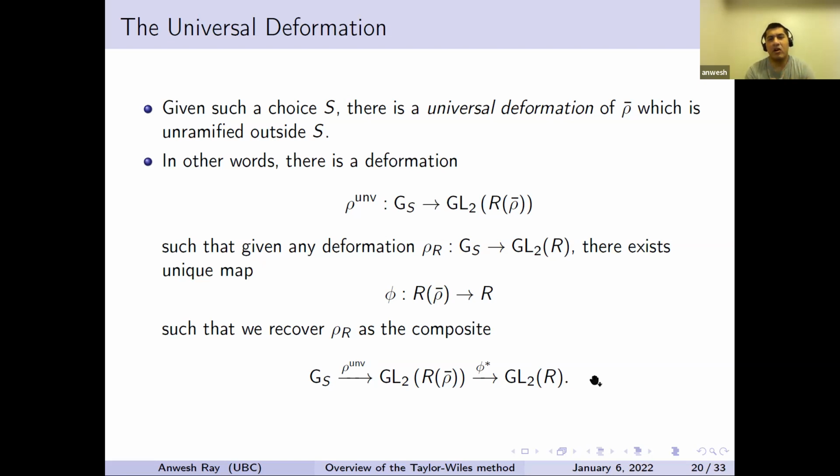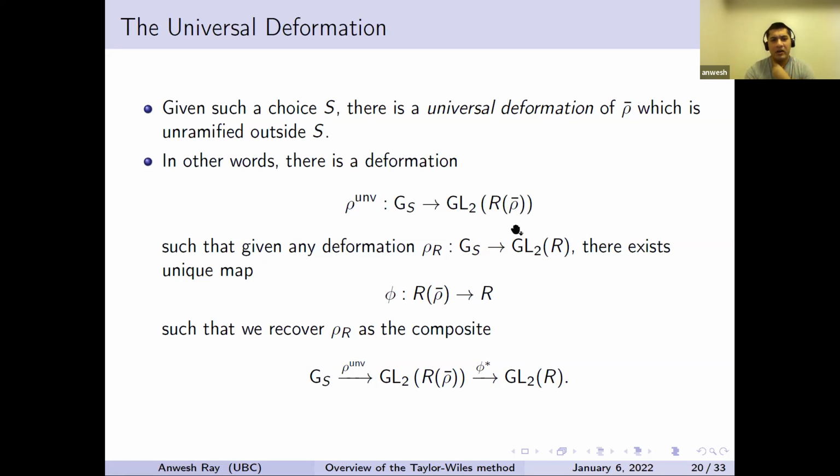So if I look at Spec of R_rho-bar, then all the R-valued points of Spec R_rho-bar correspond to the R-valued deformations rho_R. So Spec of R_rho-bar is like a scheme that parameterizes all of the deformations of rho-bar. It's representing a moduli problem.